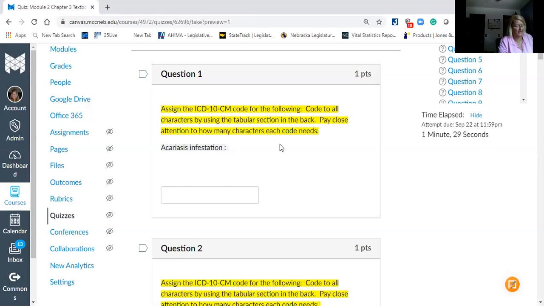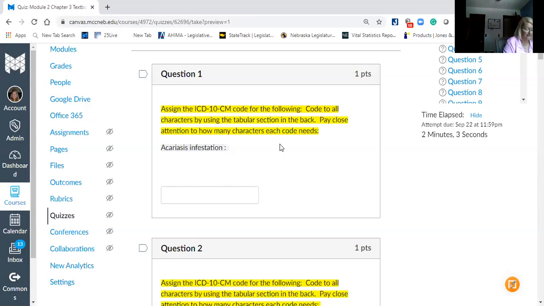Now you're going to go to the tab section in the back where all the codes are, and you're going to look for B88.0. B88 is the main category, and it's other infestations. And we want B88.0, which is other acariasis, which is good because we don't have any more information. On the main category, it says B88 needs four characters because of that red box with the 4 and the check mark.